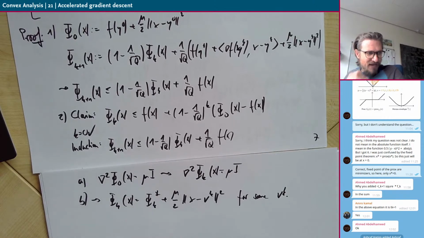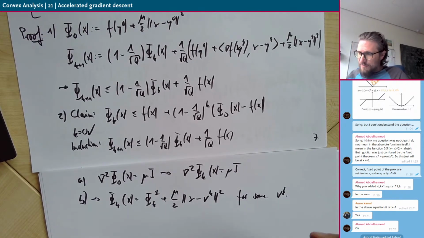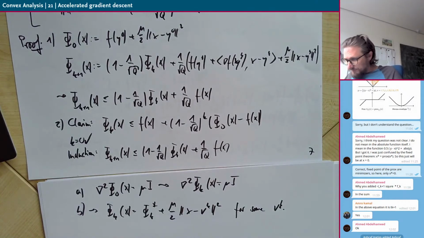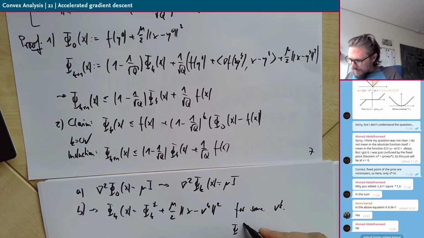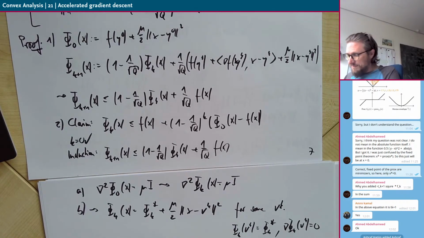But on the other hand, one can get a recursion by just taking the derivative of phi k and setting it to 0. So vk is now the place where the minimum is assumed. We know that phi k of vk is equal to phi k star, or put differently, the gradient of phi k at vk has to be 0 because this is the minimizer.